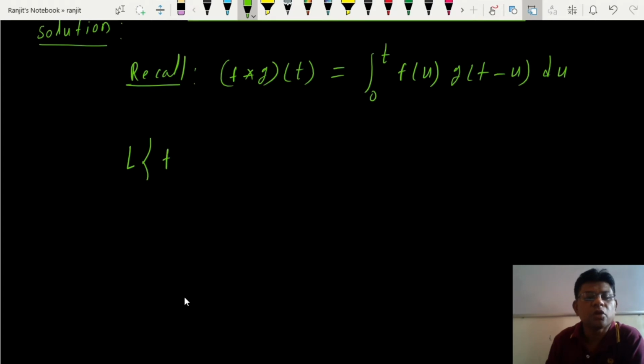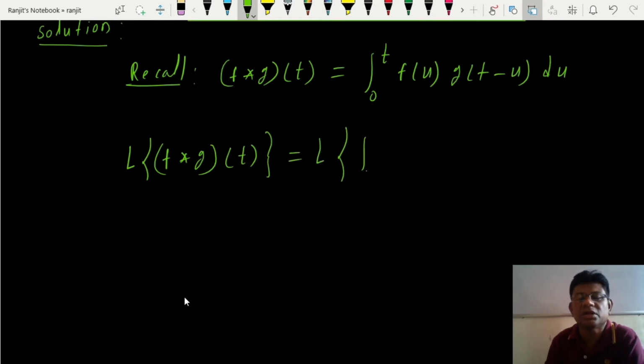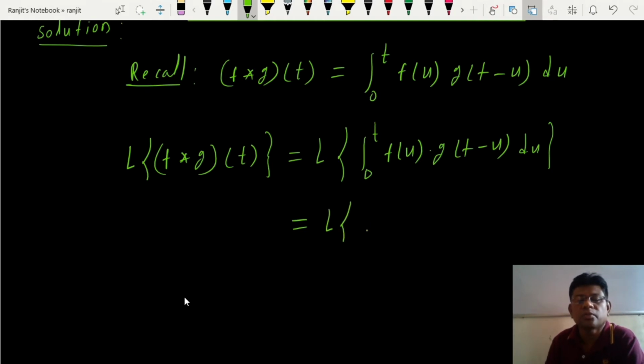Laplace transform of f star g of t is equal to Laplace transform of this integral. This is equal to Laplace transform of first function f of t times Laplace transform of second function g of t. Here f and g are interchangeable.